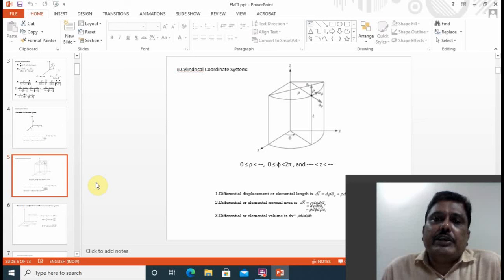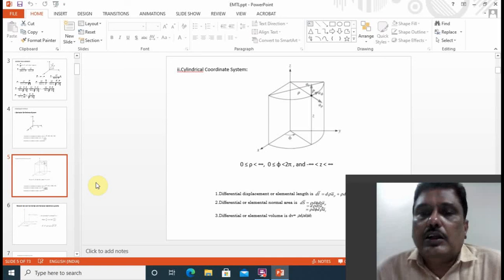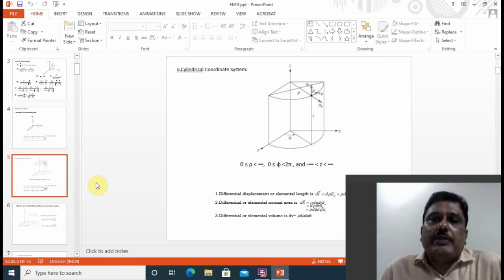So sine of d phi is d phi itself. So the elemental length along the phi axis becomes rho d phi. And as usual, the elemental length along the z axis is dz.